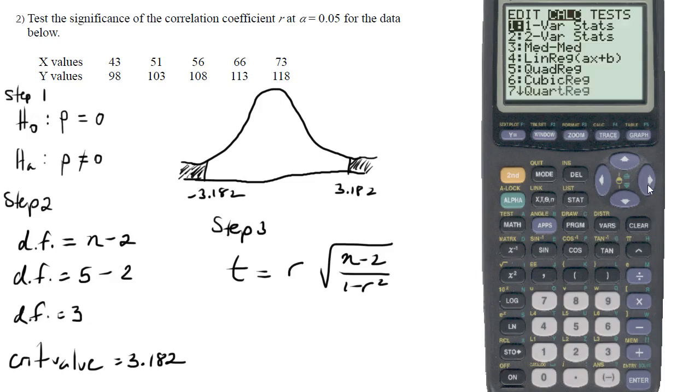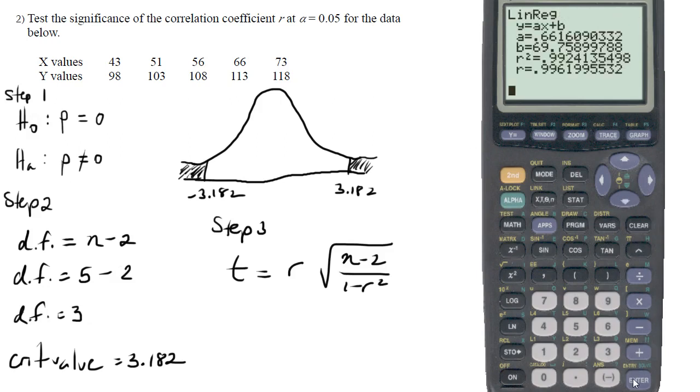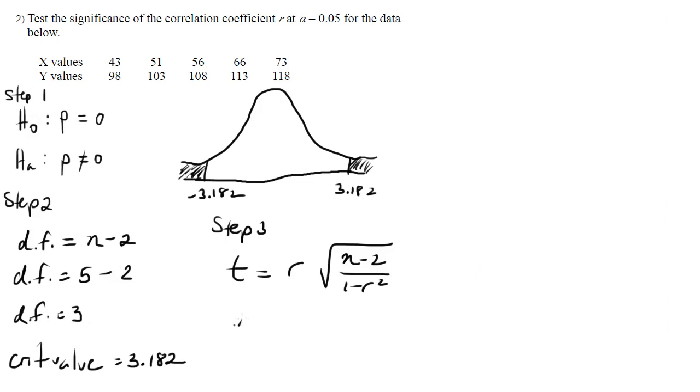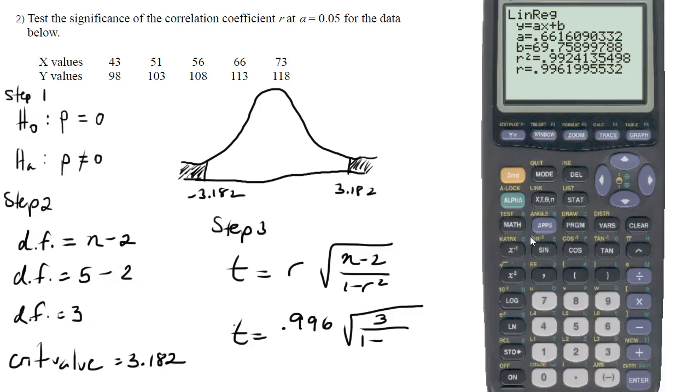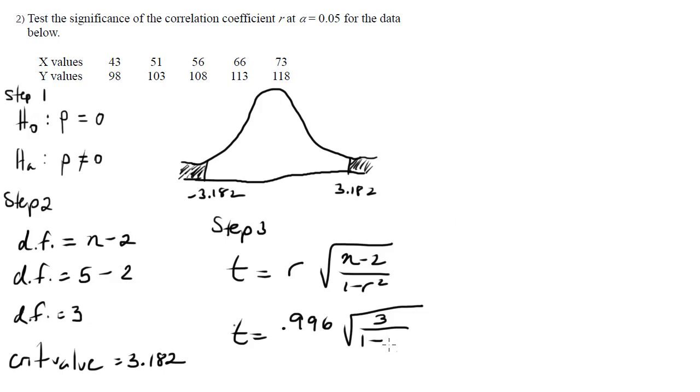Then I go to stat, calculate. I hope diagnostics are on. 4. And they still are. Perfect. And look, I even get r squared as a bonus. r squared is just r times r, but I have it there so I can use it. So r, always use those 3 decimal places, is 0.996. So t equals 0.996 times the square root of n minus 2, which is 3, over 1 minus r squared, which we have there as 0.992.